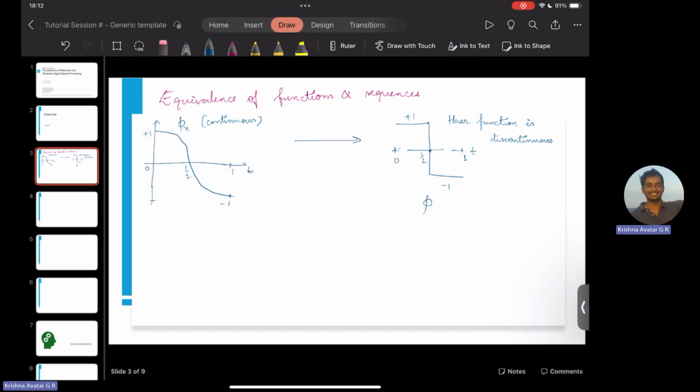Let's call this phi n of t as a function of t, and phi of t. It has a strict value: 1 for 0 ≤ t < 1/2, and -1 for 1/2 < t ≤ 1. So at half it doesn't have a definite value. There is a discontinuity at half.